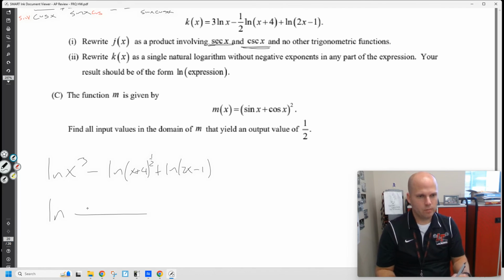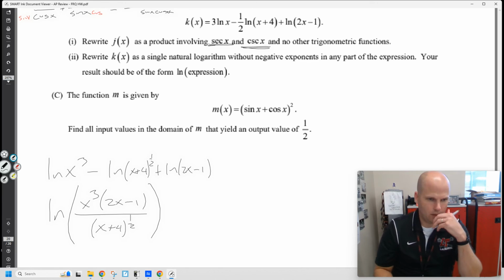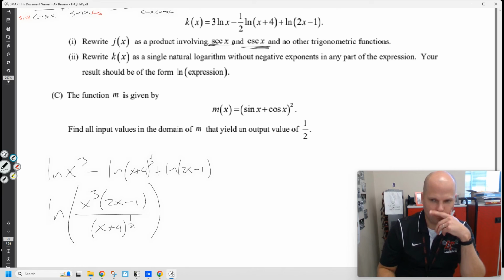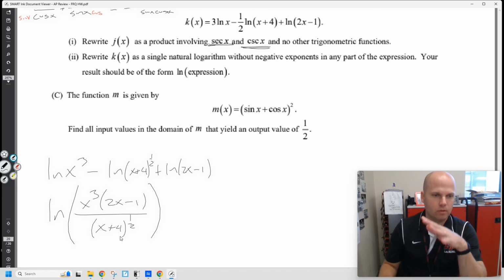Big fraction. The x cubed is up top. The 2x minus 1 is up top. The x plus 4 to the 1/2 is on the bottom. I don't see anything that I'd want to simplify after that. You can't distribute the 1/2 power, so don't try to do that. And just leave it like that.